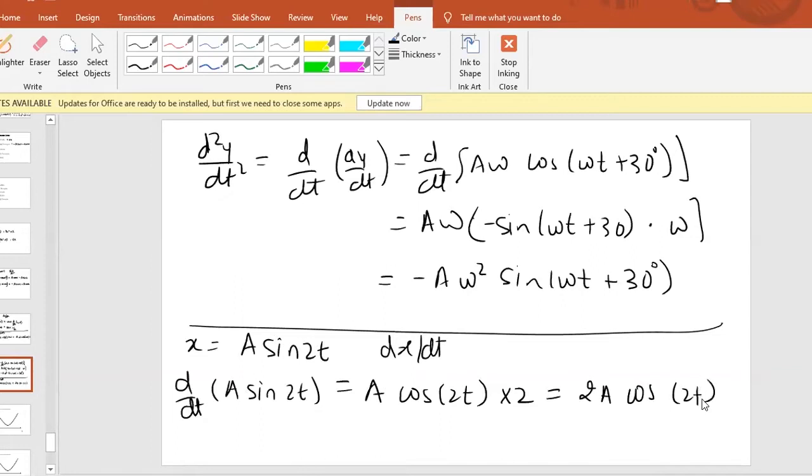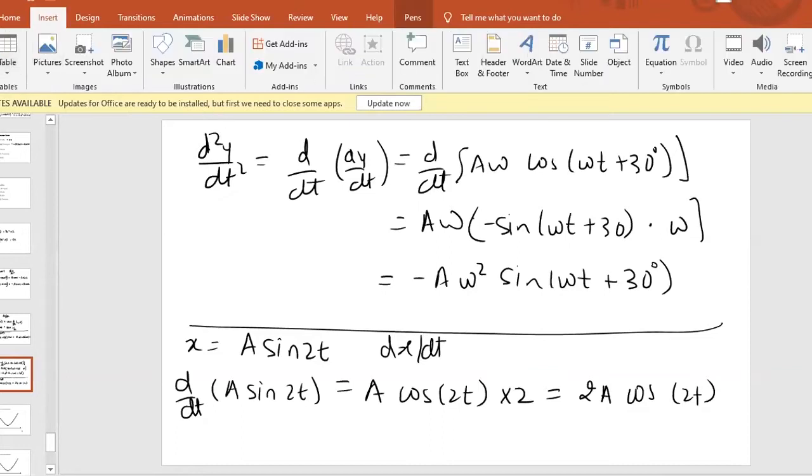2a cos of 2t. Very good. So most of you are getting the answer as 2a cos of 2t. One thing I'm telling you, you may be feeling that I'm teaching you mathematics more as compared to physics. But you will find that whatever I'm teaching you is useful for you.